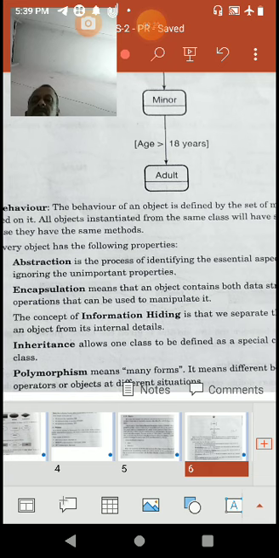B, programming language interfaces for application programmers. C, menu-driven interfaces for stand-alone users.